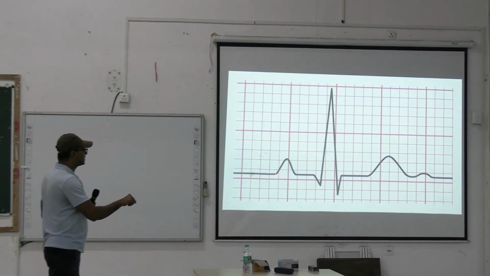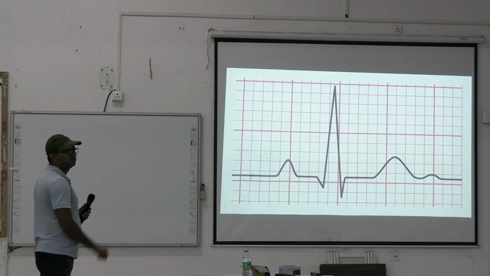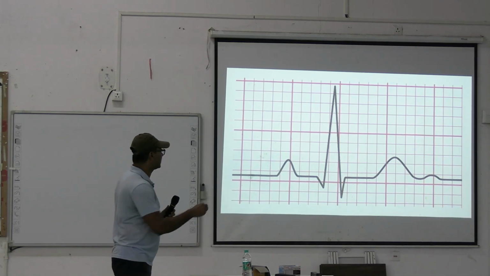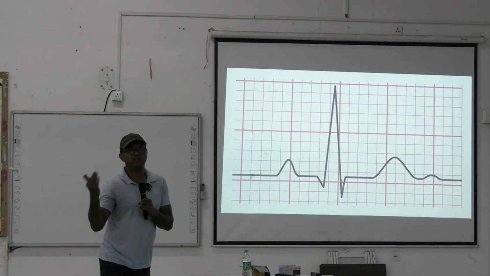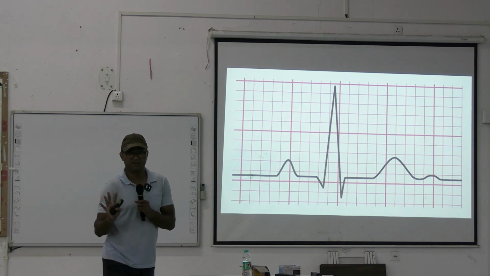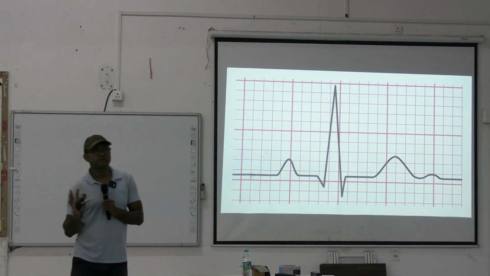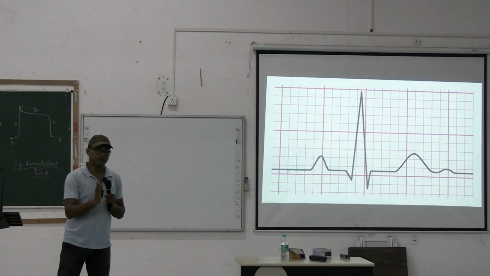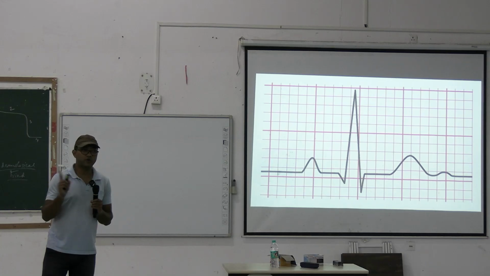PR interval is from the start of P, okay, this point, from the start of P to the beginning of QRS complex. So, that is essentially from the beginning of P to beginning of Q. It is not PQ interval, it is PR interval, okay, remember, right. So, whenever your examiner is asking you what is PR interval, your answer should be from the beginning of P to the beginning of Q, okay. But still we do not call it PQ interval, it is PR interval, right.